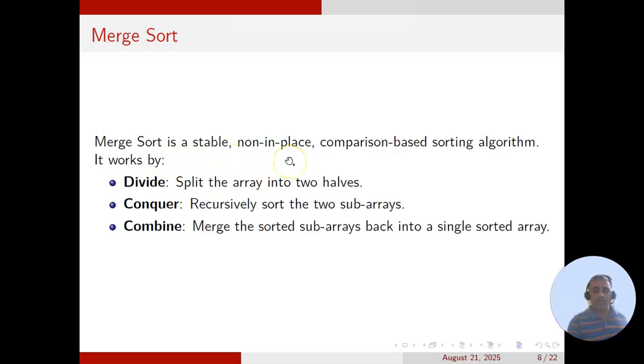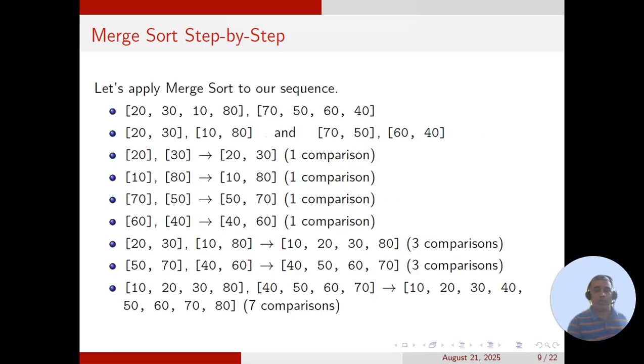It splits the array into 2 halves, recursively sorts each subarray and then merges those 2 sorted arrays. First you have 8 elements, divided into 4, 4, then again into 2, 2, and then into 1, 1 elements. Single elements are the base case, they are already sorted.